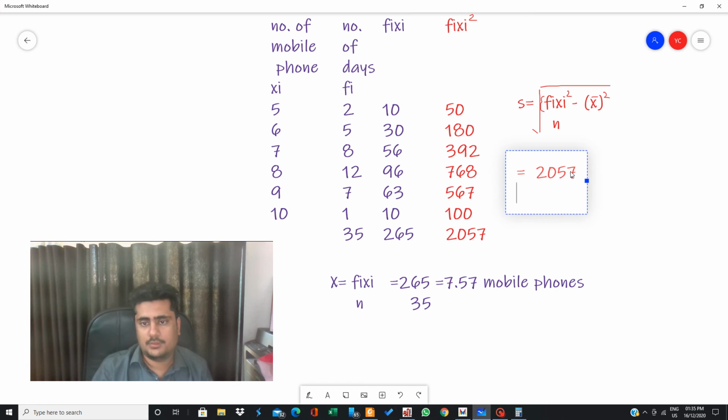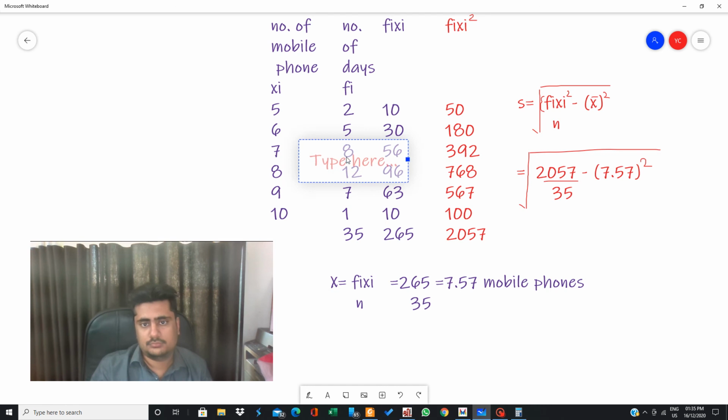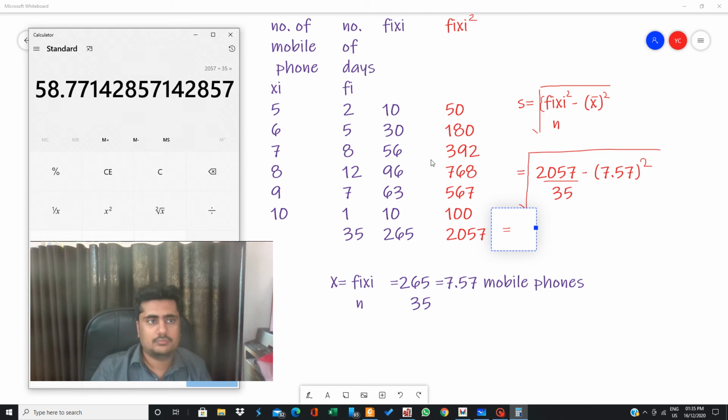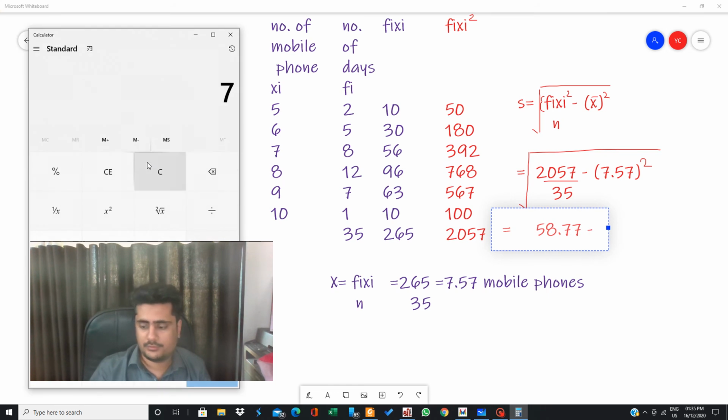So it's 2057 upon 35, minus x bar, that is 7.57 into 7.57. 2057 upon 35 is 58.77.